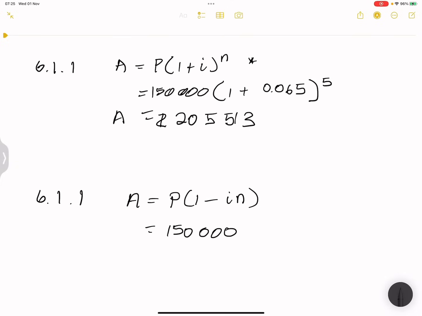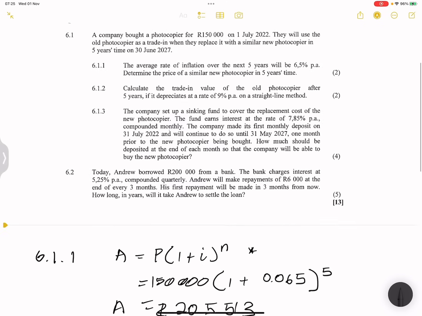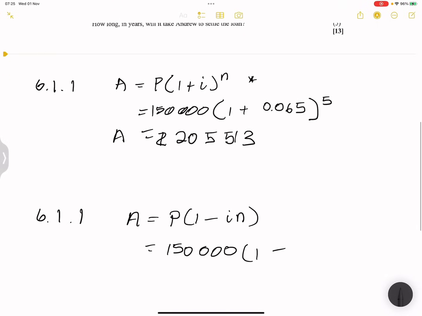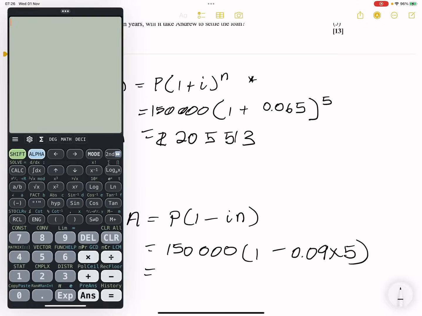So in this case, we know that our present value or principal amount is 150,000, times 1 minus 9% per annum. We're going to divide that by 100 again, so that gives us 0.09, multiplied by 5. Again, let's whip out our calculator.